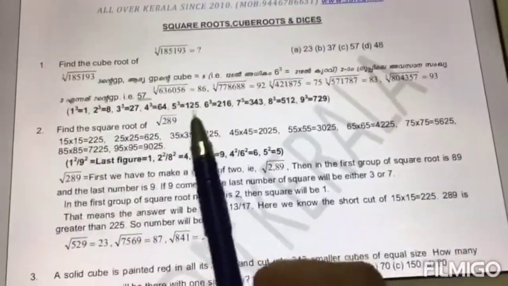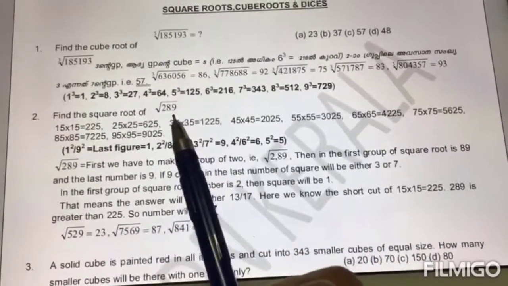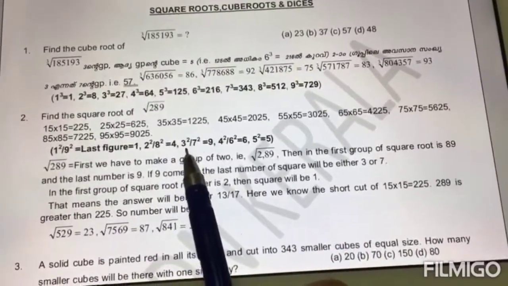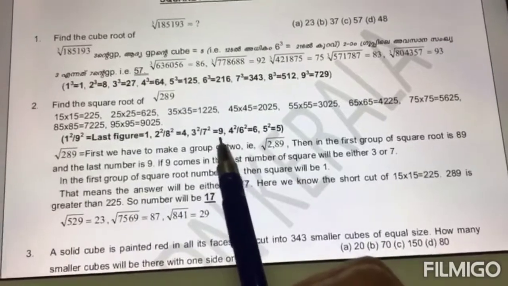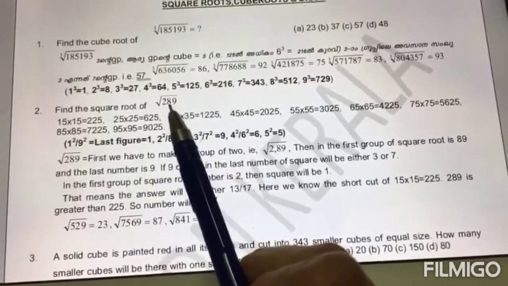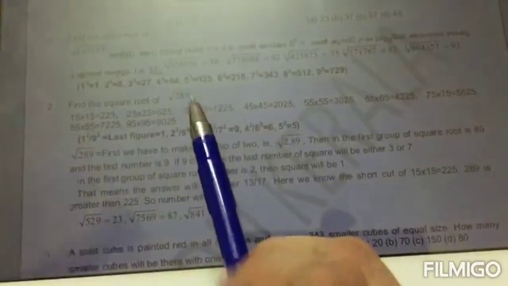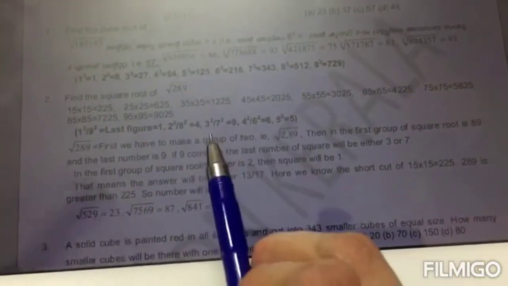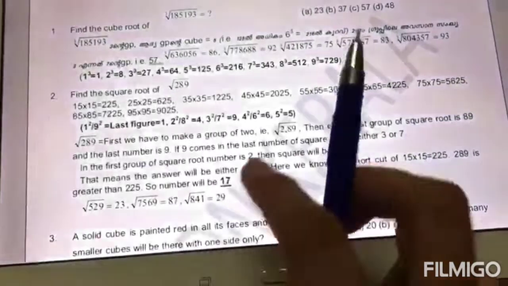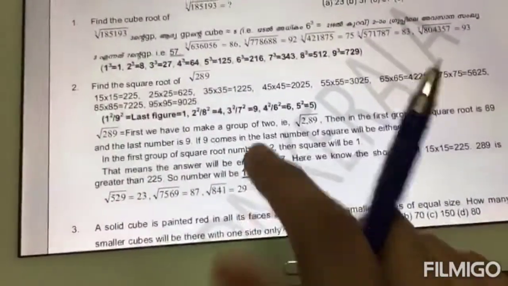Alright, I want to correct myself. I said that because this ends in 9 and the square of 3 and square of 7 also end in 9, this is a multiple of 3 or 7. I'm sorry, it is not a multiple of 3 or 7. It is some number which is ending in either 3 or 7, and we saw that it is actually 17. I want to read out this explanation, which is basically what we discussed.